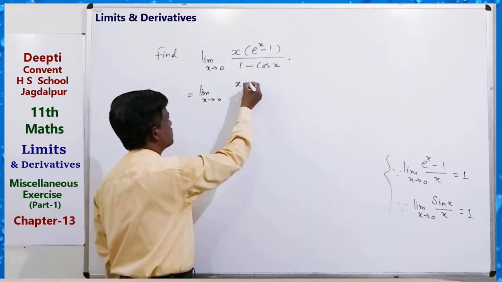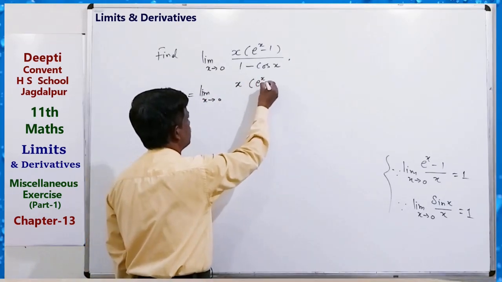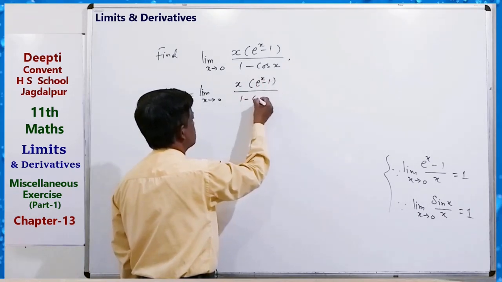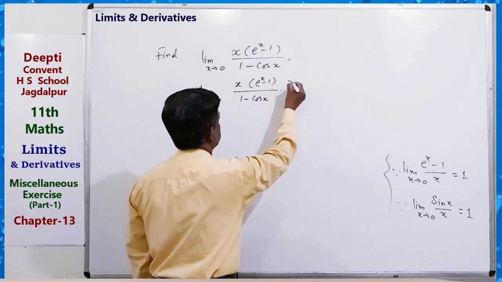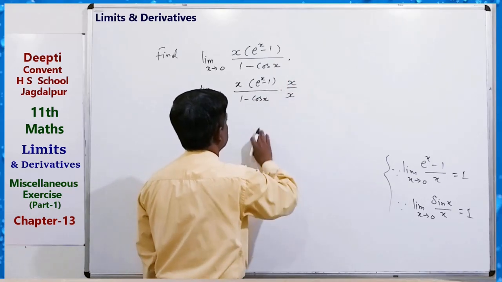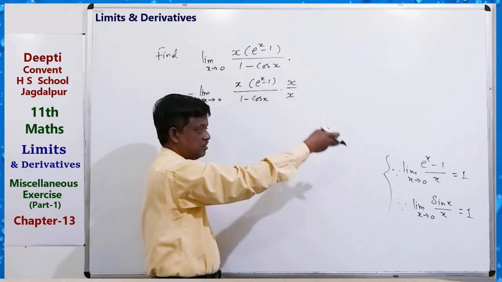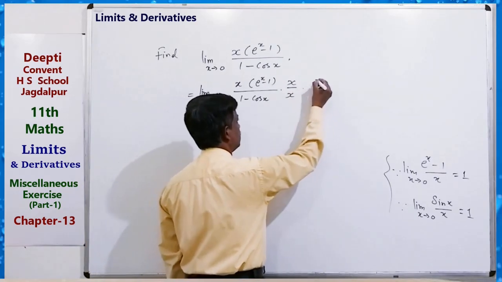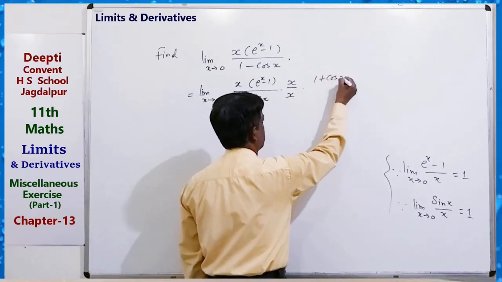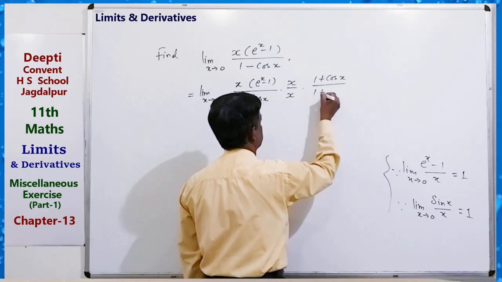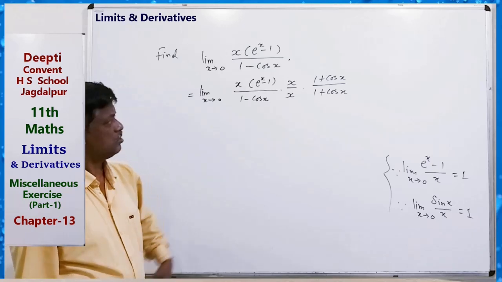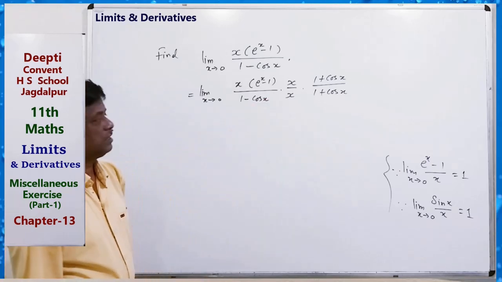So x e to the power x minus 1 upon 1 minus cos x. Just multiply first x upon x, because for e to the power x minus 1, 1 upon x we can use. And also for this just multiply numerator and denominator by 1 plus cos x. Clear?